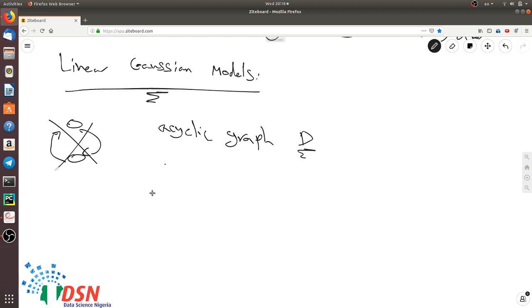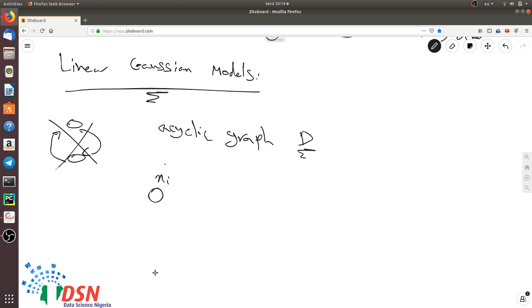Each node in the graph contains a variable xi, which is a random variable, and the distribution of that is a Gaussian.